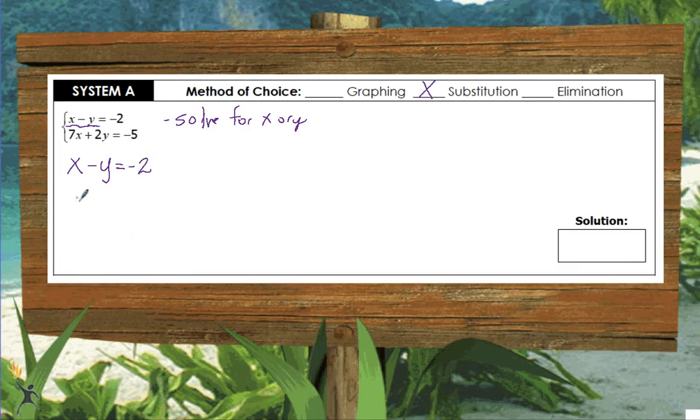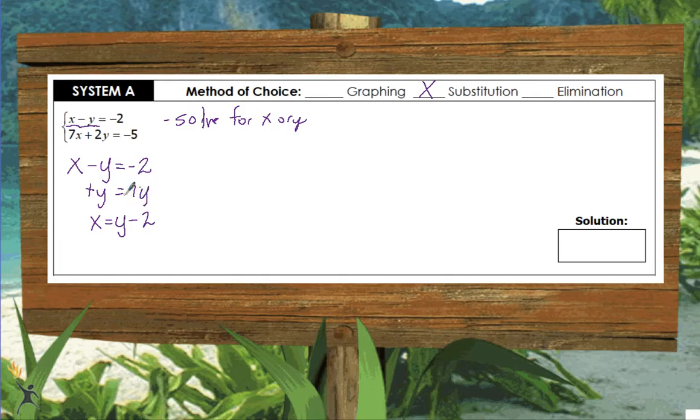I'm going to add y to both sides. You could solve it for y or x, it doesn't matter, but mine just requires one step. If I solved it for y, I'd have one more step to take. So now I get x equals y minus 2.